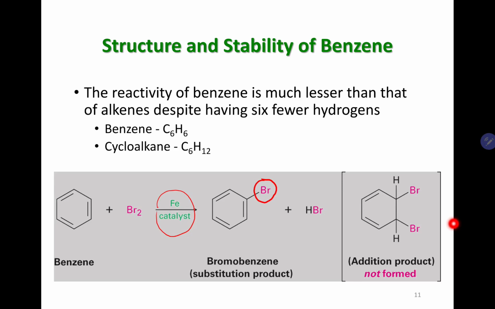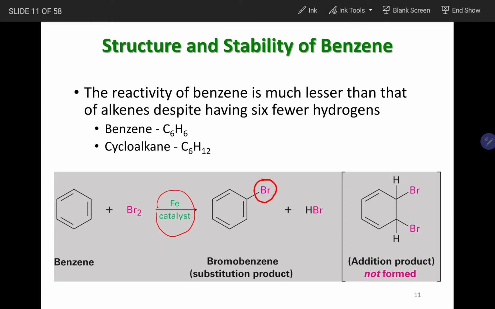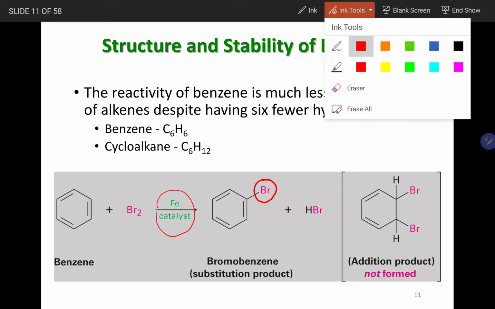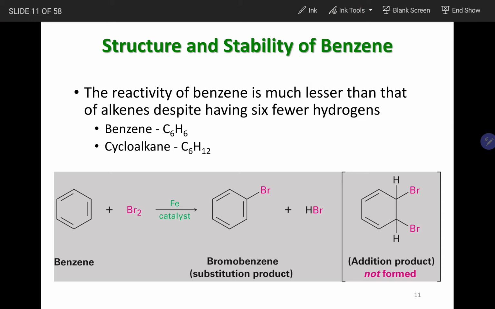So by now we know that these reactions are not very favorable, because you need to put a lot of work into them and you have to use catalysts. So the reactivity is much less when it comes to benzene. In chemistry, reactivity and stability are inversely proportional to each other.